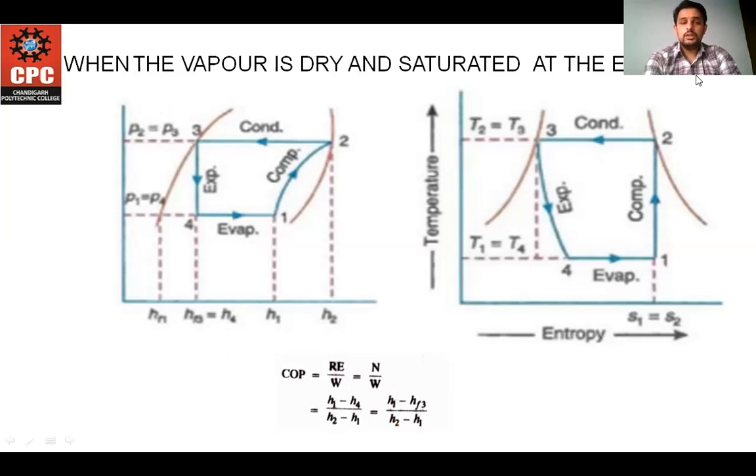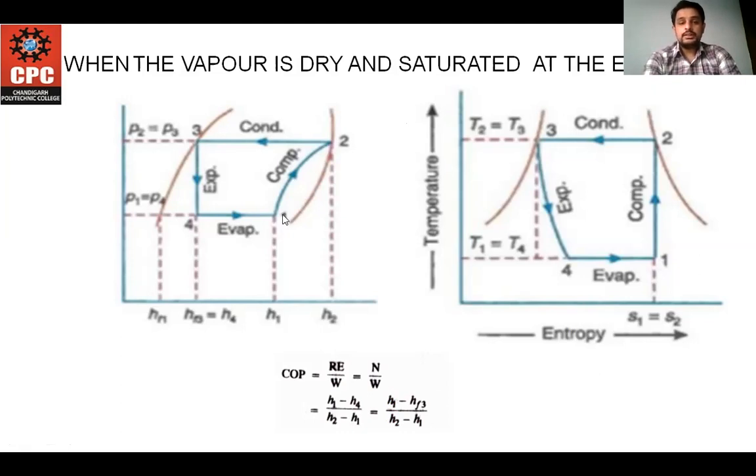As you can see, this is the compression process from 1 to 2. We know that this is your saturated liquid line, and sorry, this is your saturated vapor line, and this is your saturated liquid line. They are saying that at the end of the compression, we are getting saturated vapors.